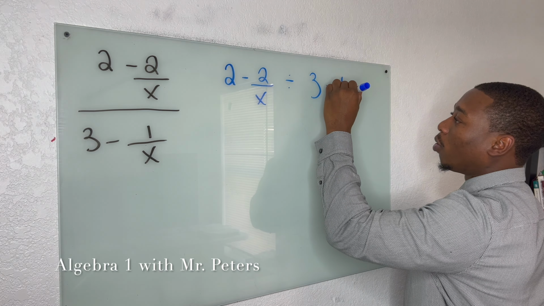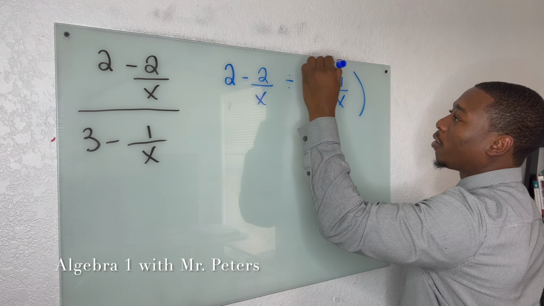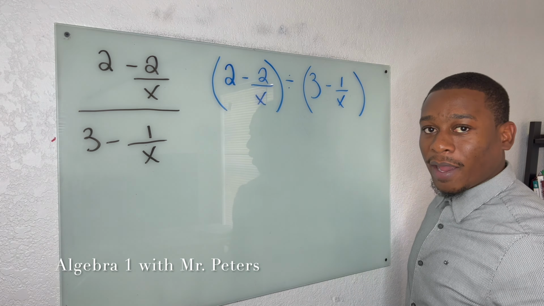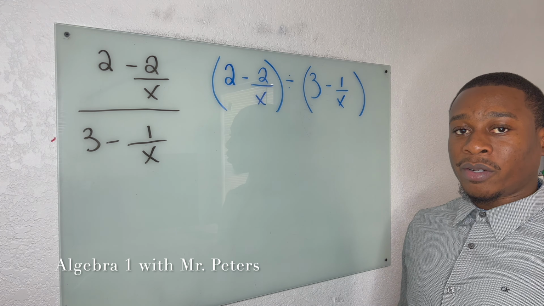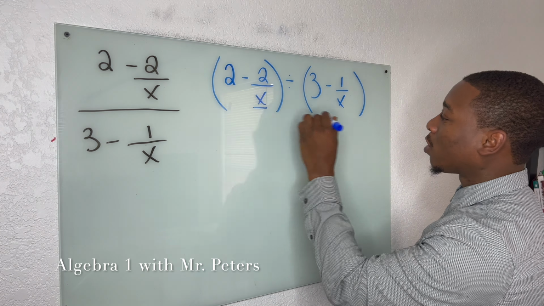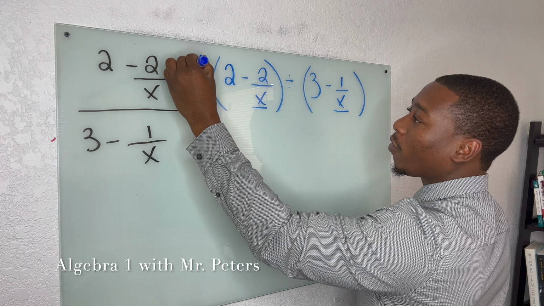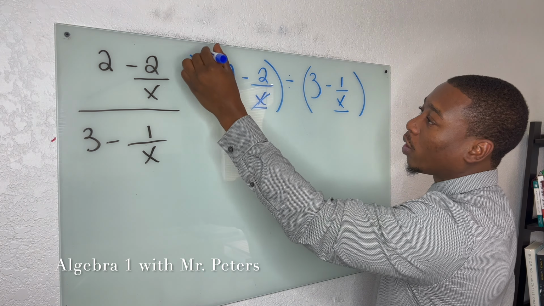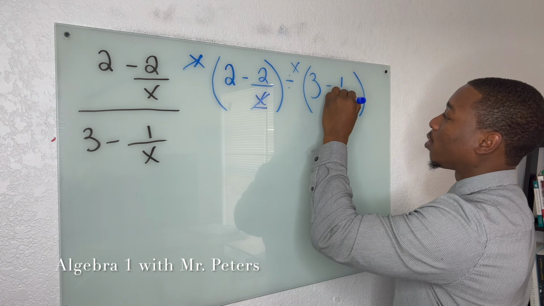So in this problem, we don't have a common denominator. So what I'm going to do is try to find the lowest common denominator, which is just x. And once I multiply everything by x, the fractions are going to cancel out.